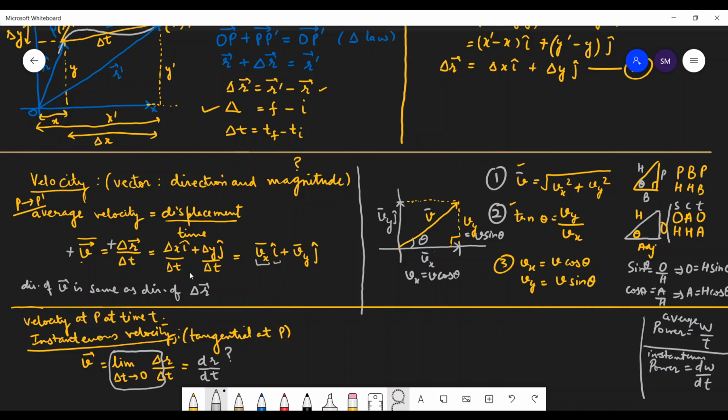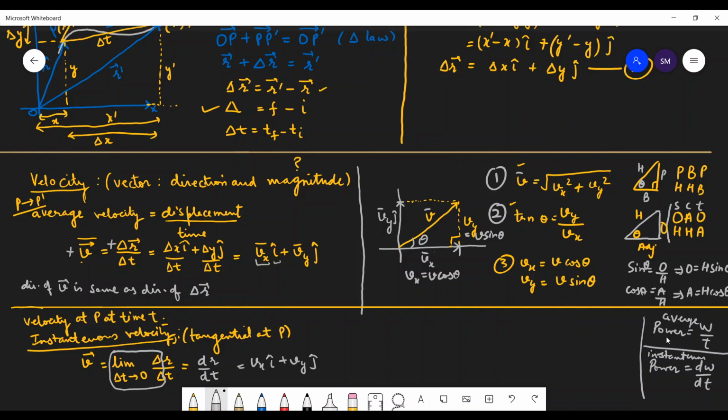Here also I will write it, and as a result I will get the same formulas, but here the average sign will be removed, so I will get this as Vx i cap plus Vy j cap.